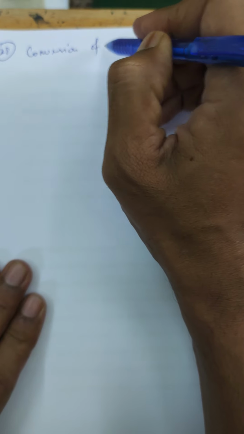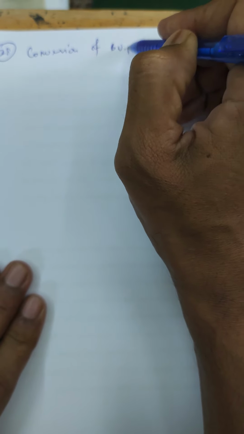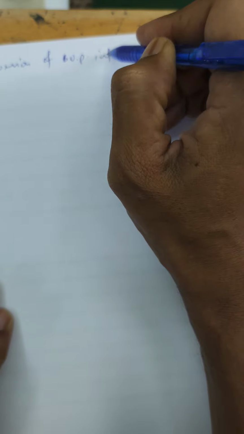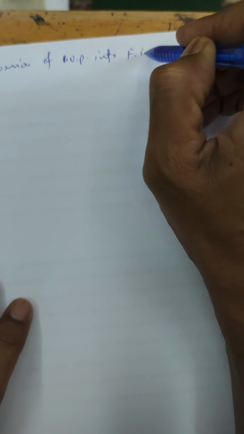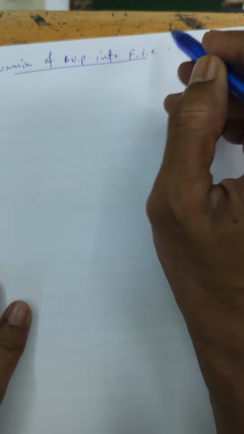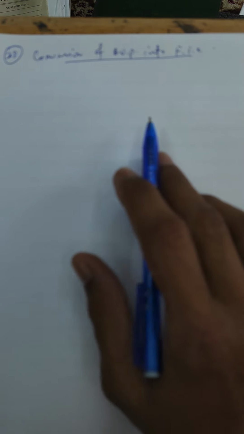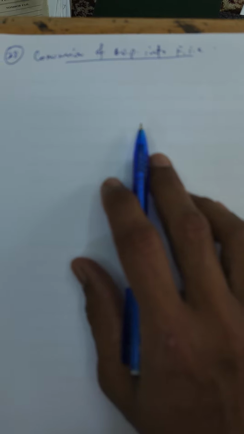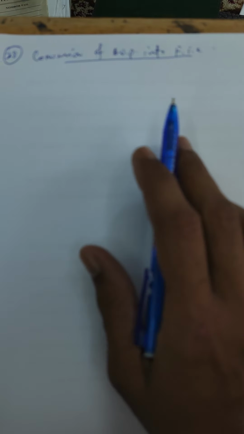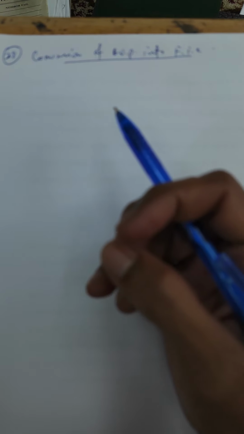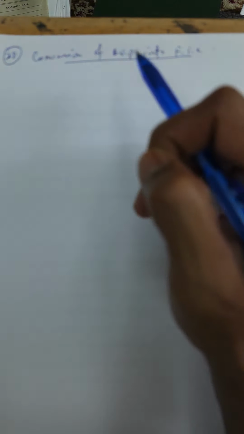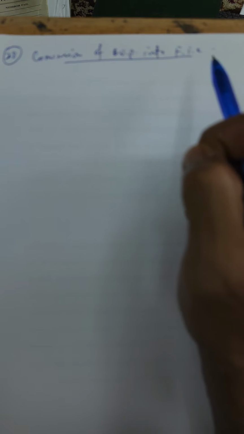We know that in the previous video we did a conversion of the initial value problem into the Volterra integral equation. Now, boundary value problem into Fredholm integral equation.